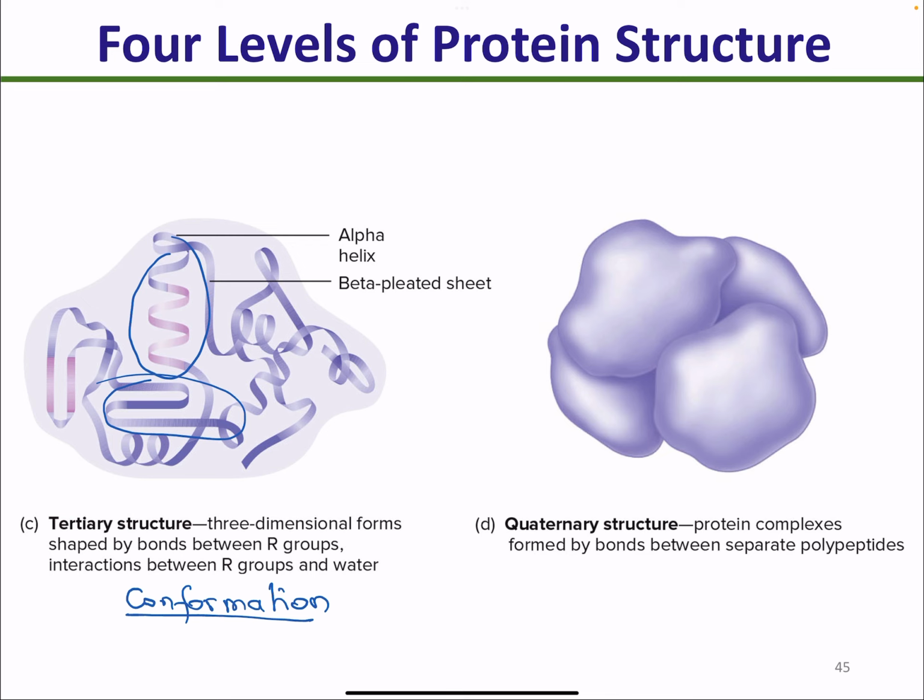Now, when you have more than one protein in 3D shape that come together to form a complex functional unit, we say that the proteins are in a quaternary structure. Okay? So that's a complex of proteins. I want you to remember that.